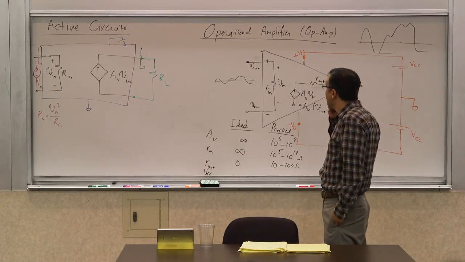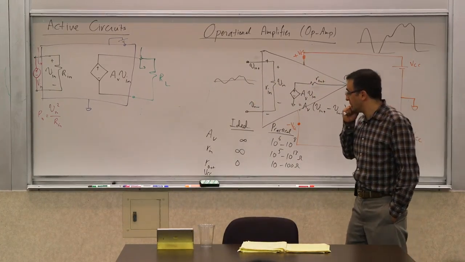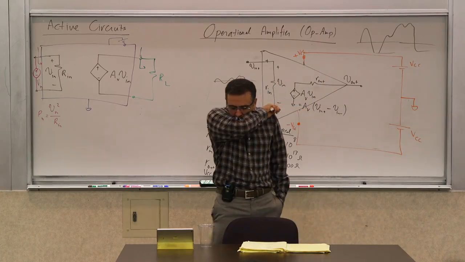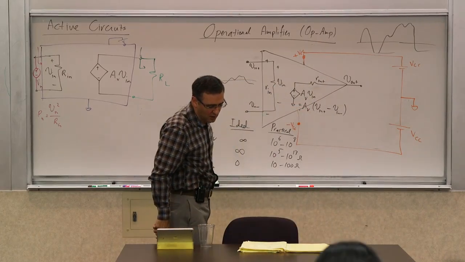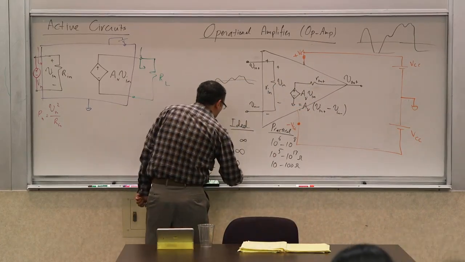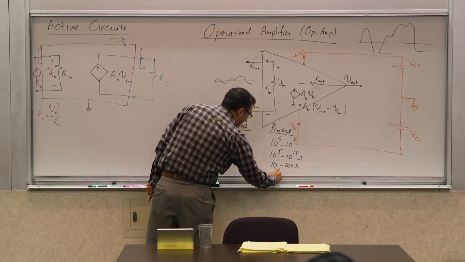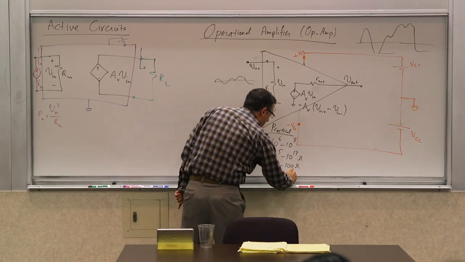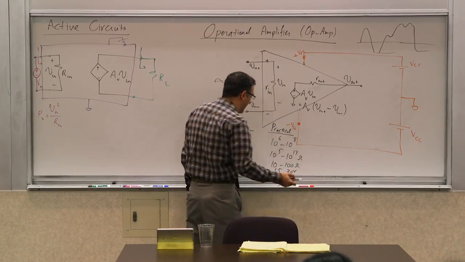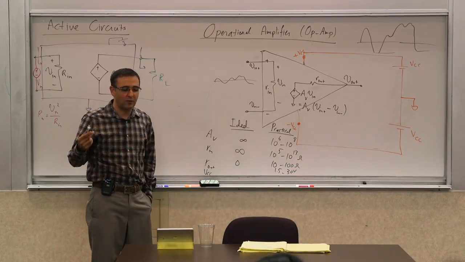And now the VCC of the op amp, the voltage supply. Practically it can be anywhere between 1.5 volts to 30 volts. Again, these are different op amps. So ideally, what do you want it to be?